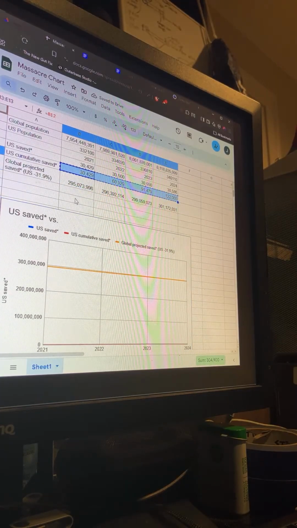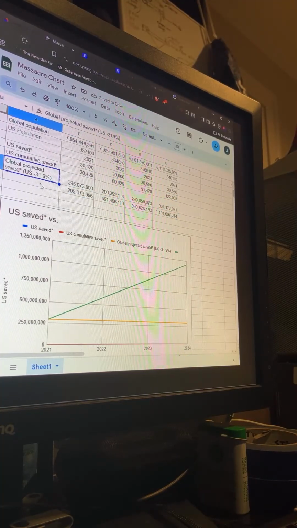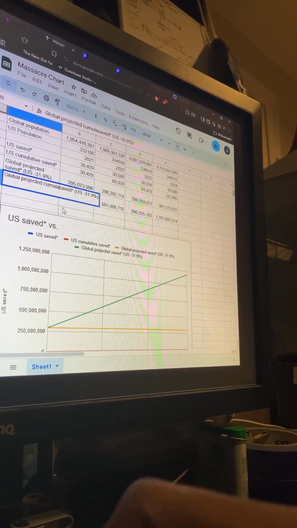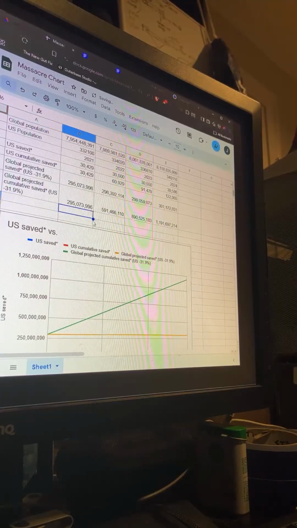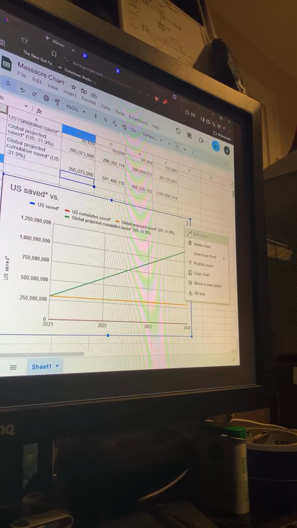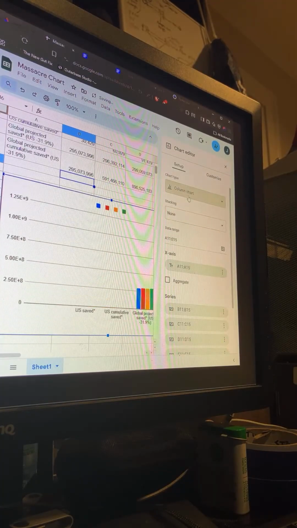So if we were to take that and do the same thing, I don't even know if we can scale this.